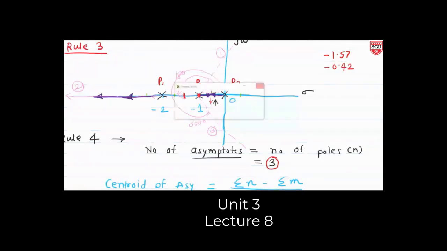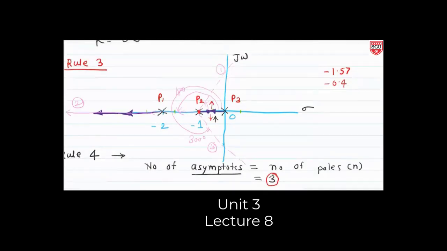No. Means this is an invalid point. So what you have to write there, as the breakaway point is always in this problem lying between minus 1 to 0, in between minus 1 to 0. And minus 1.57 is not possible. So it is invalid and the other is valid.